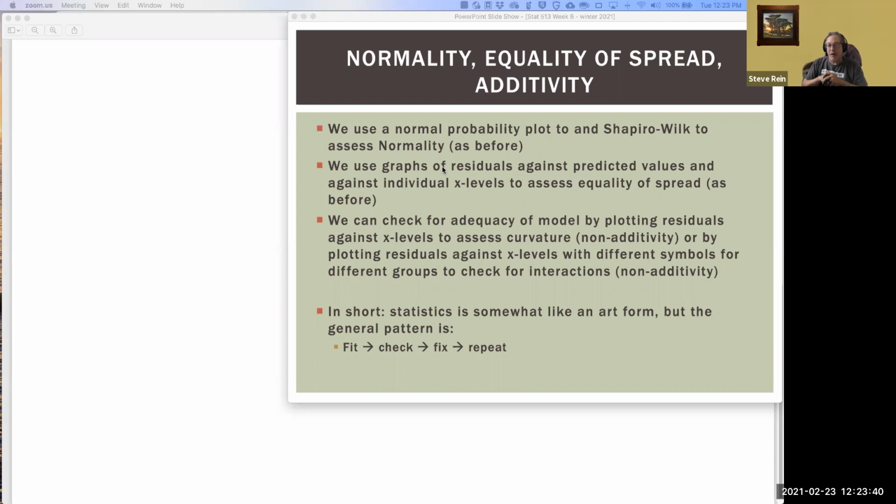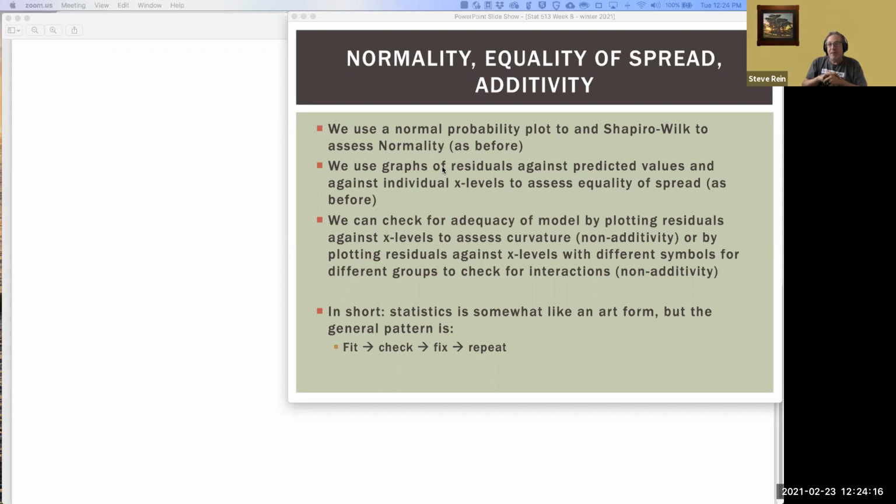Otherwise, you go ahead and plot the residuals against each of the x variables as well as the fitted values, the y-hats. The reason why you should always plot against the fitted values as opposed to just each of the x's is that there may be a slight lack of equality of spread, or perhaps wider variability for larger x's than for smaller x's.